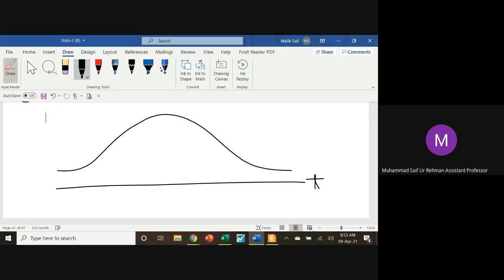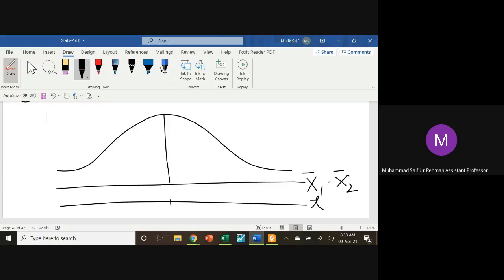But if you are going to consider this as x1 bar minus x2 bar, no problem, then you would have to draw another scale, that is T. So it's upon you. If you want to simply write down T scale, you may give only one scale, but the concept should be clear that there is this scale there, x1 bar minus x2 bar.